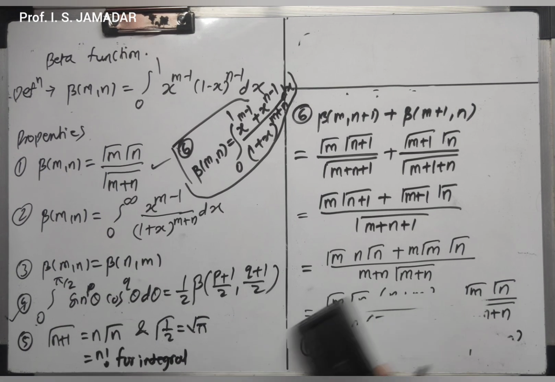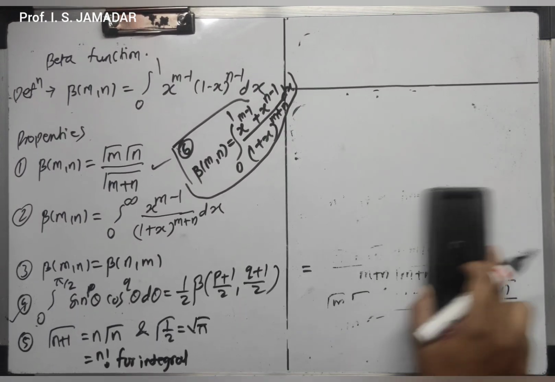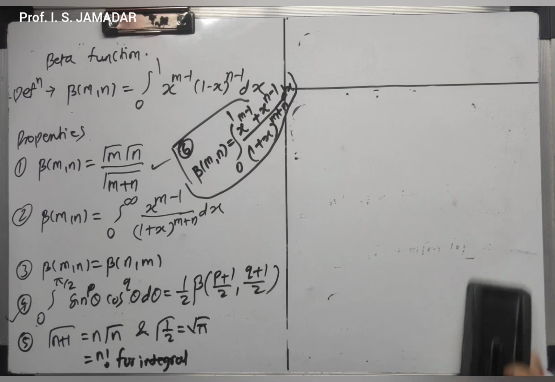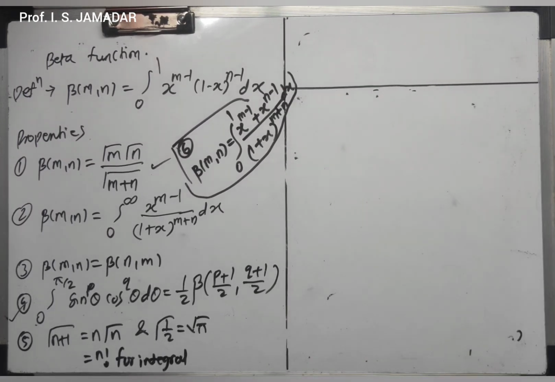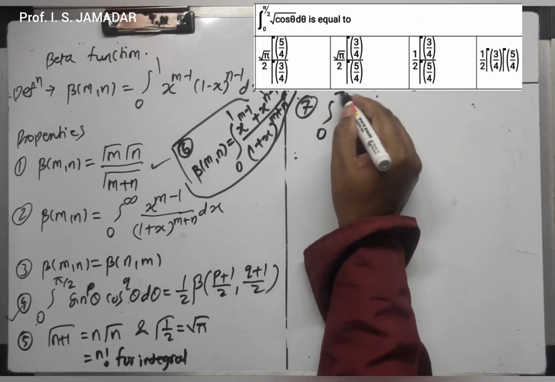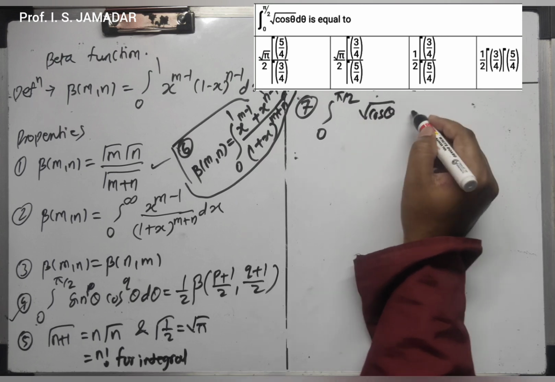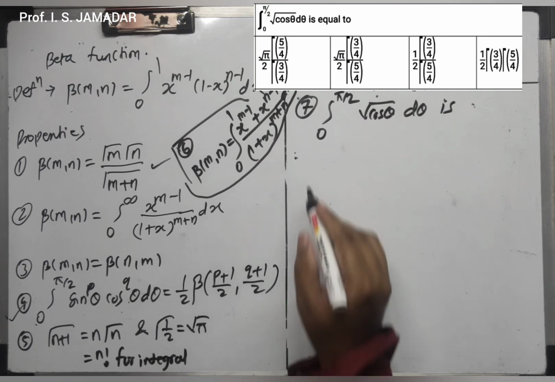Okay, now next, question number 7. Question number 7 is integration 0 to pi by 2 root cos theta d theta is equal to.